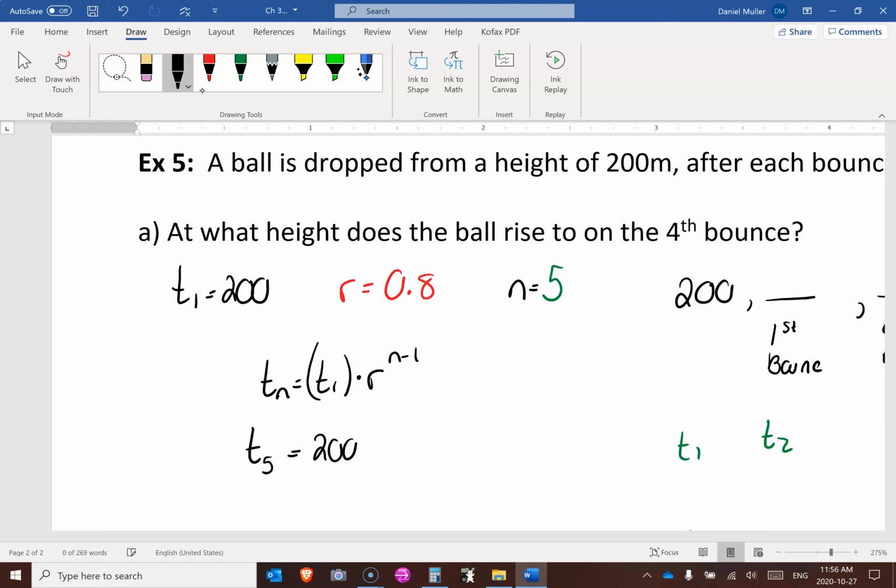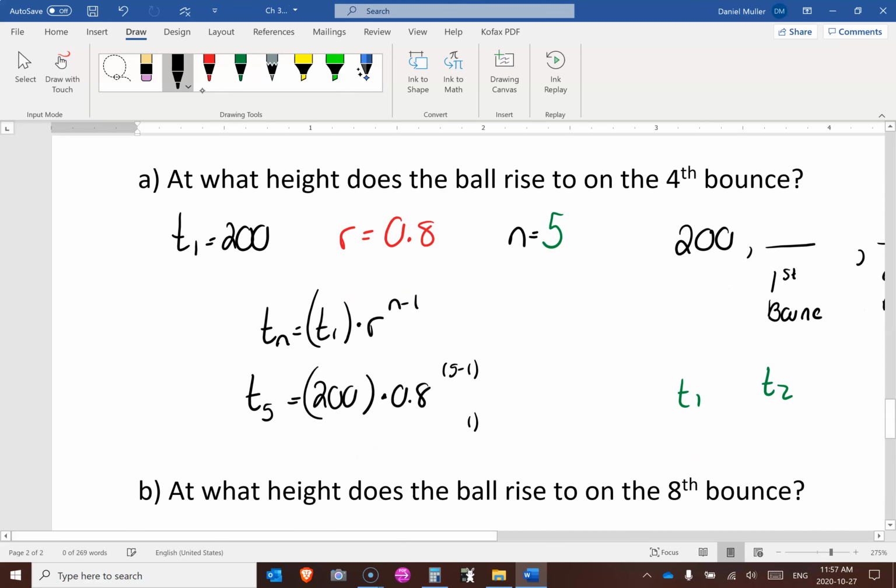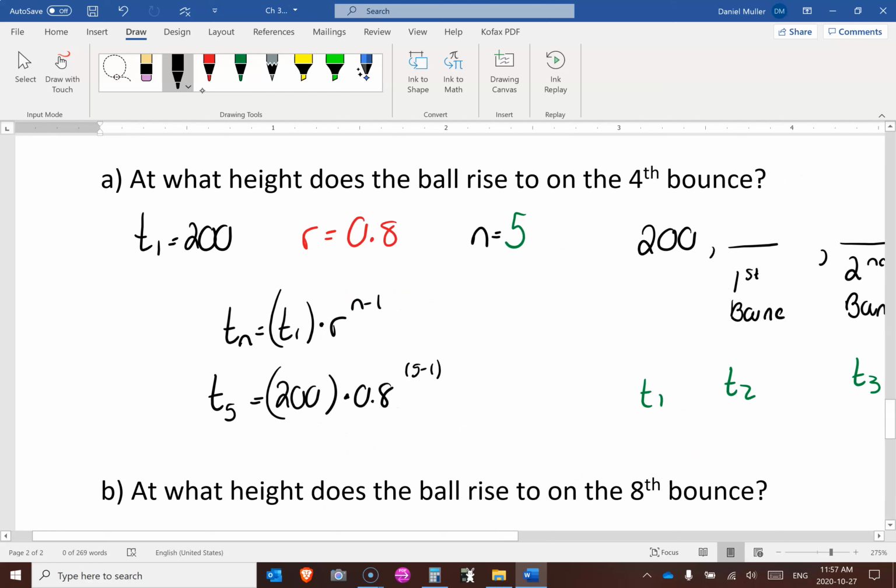The height of 200 times my r, which is 0.8 to the power of 5 minus 1, which is 4. So T5 is equal to 200 times 0.8 to the 4.